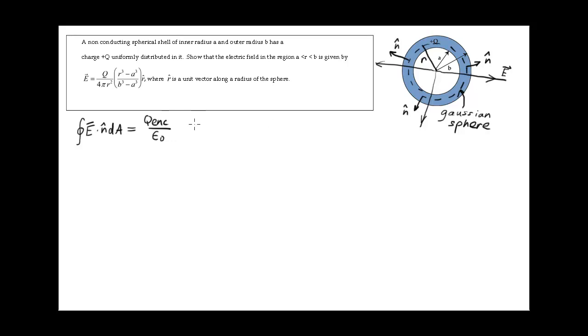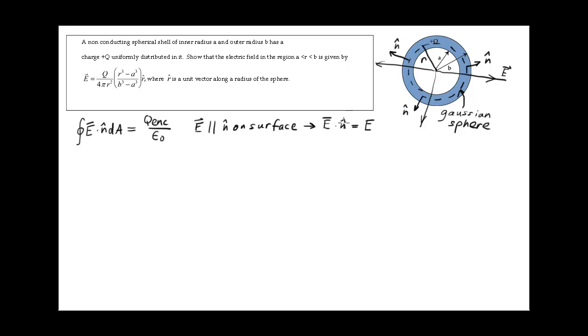So, since E is parallel to n hat on the surface, then we can right away write down what the dot product is. I'll just put a little arrow. E dot n hat is simply E, because it's the magnitude of the first vector times the magnitude of the second vector times the cosine of the angle.